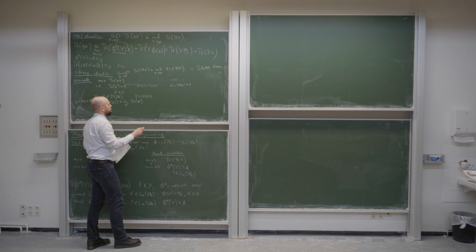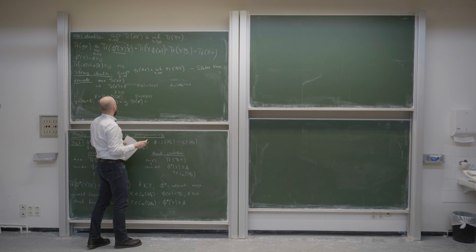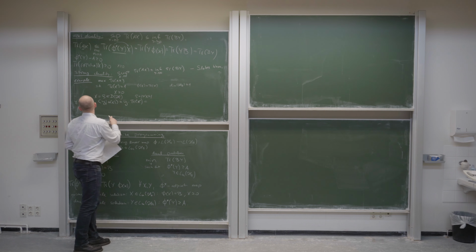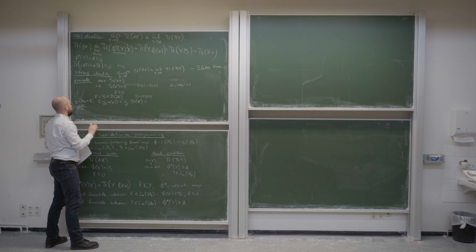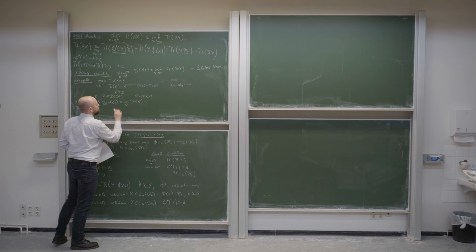Well, this should be barred, but we can assume y is self-adjoint if we want to get rid of the bar.